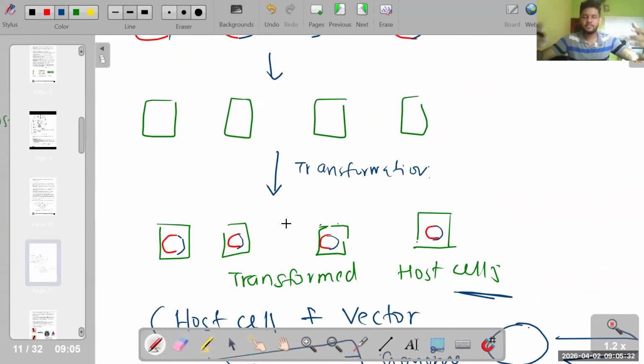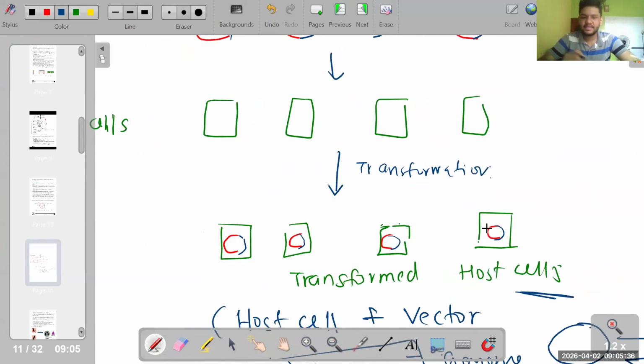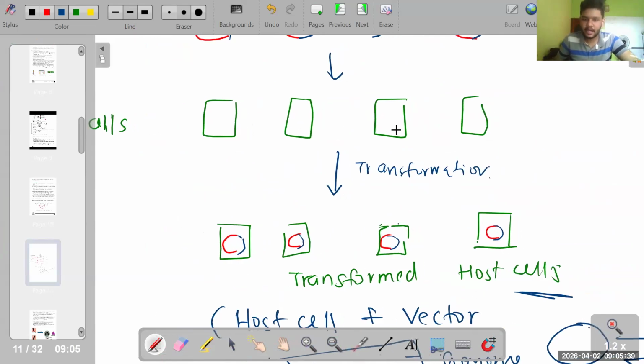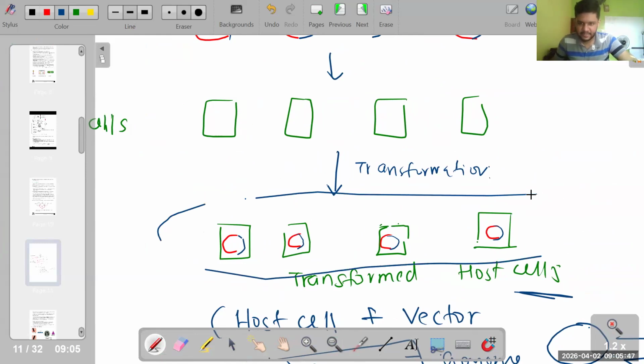Why from genome only? Because we took the DNA fragments from it. When these colonies are separated out, the collection of these colonies is what is called a genomic DNA library. Is that clear?